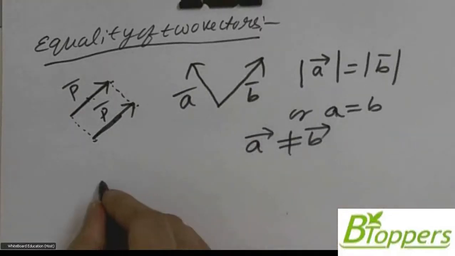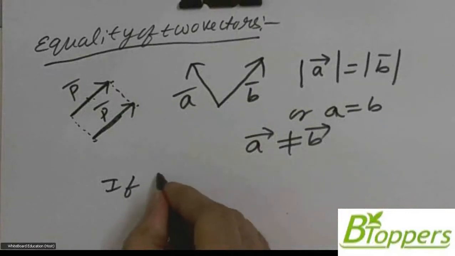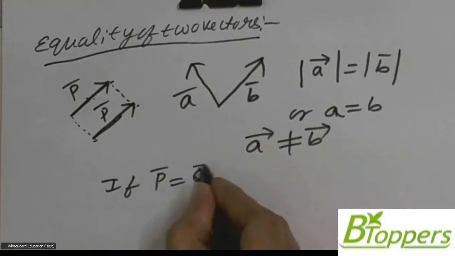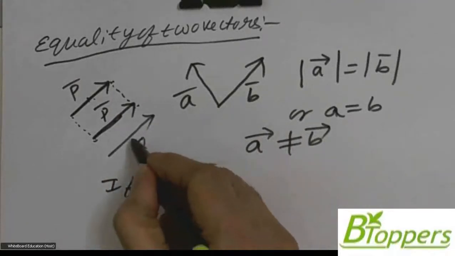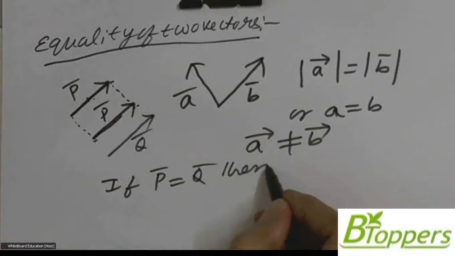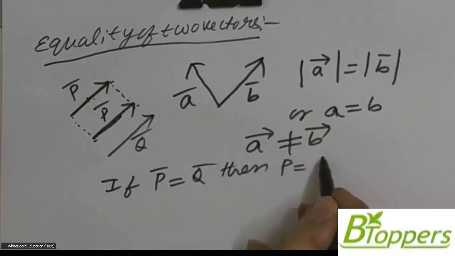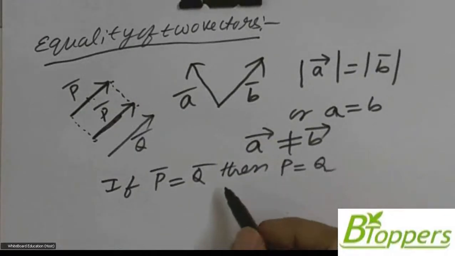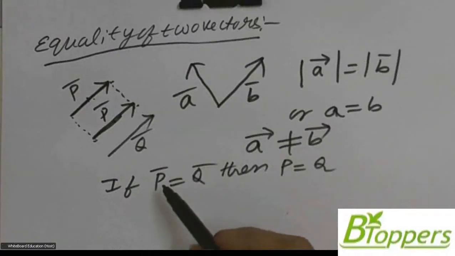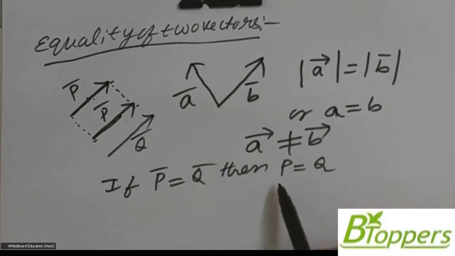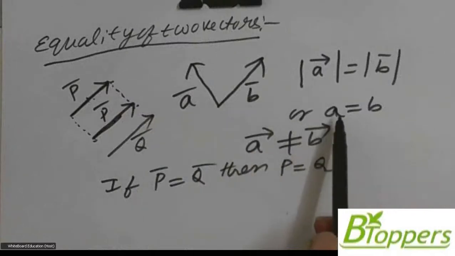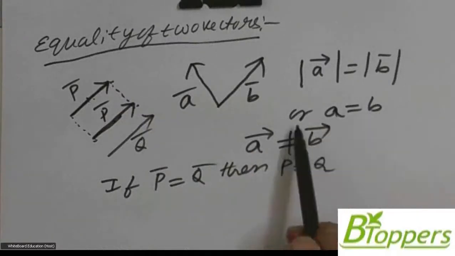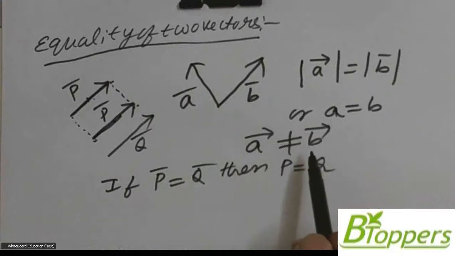But if you are given that, suppose, two vectors P bar and Q bar are equal, it automatically implies that P bar and Q bar have the same magnitude and also the same direction. That means if you are given that two vectors are equal, you can conclude that they have the same magnitude and of course also the same direction. But if you are given that two vectors have the same magnitude, you cannot conclude that the vectors are equal.